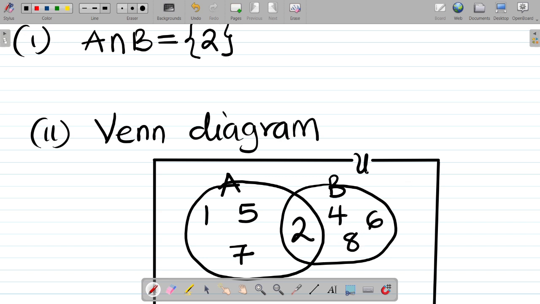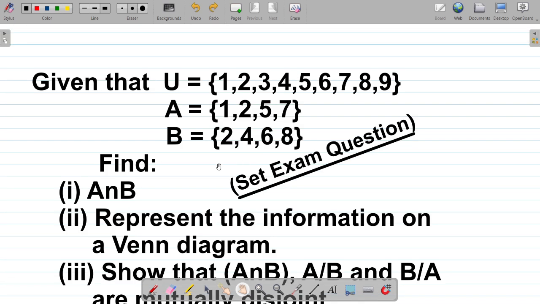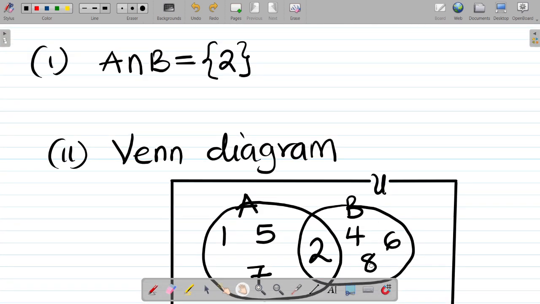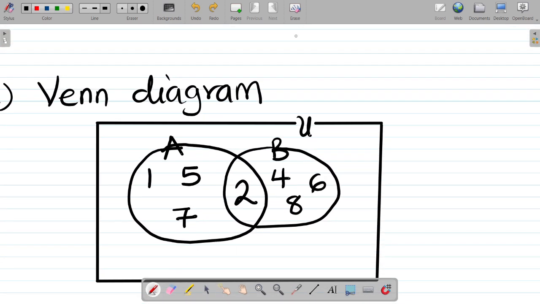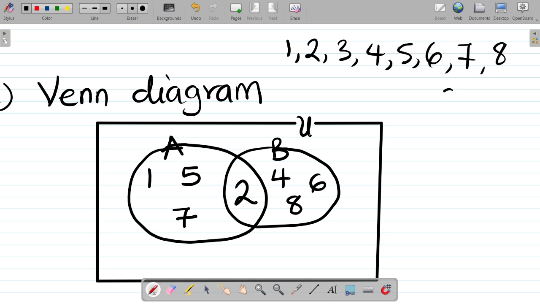Now the universal set consists of numbers from 1 to 9: 1, 2, 3, 4, 5, 6, 7, 8, and 9. These are the elements in the universal set.